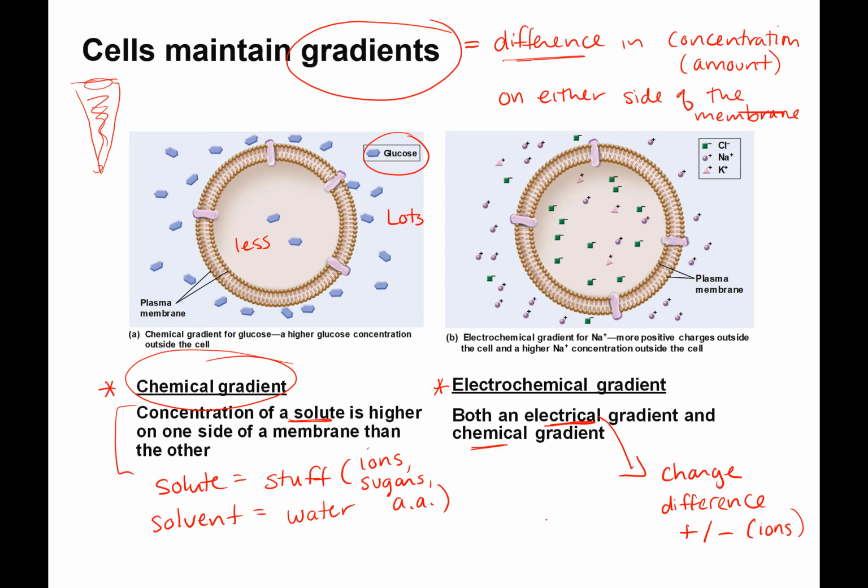What that's showing you here is a whole bunch of different ions that have different concentration gradients. So there's less chlorine out here than inside. There's more sodium outside than inside. And it looks to be like less potassium outside than inside. So because these are charged, we call this an electrochemical gradient. They have a charge, and it is the solute.